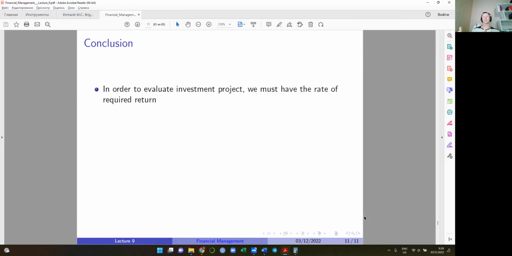And also we suggested the modification of internal rate of return, which can be used for those who prefer interest rates over some monetary values.